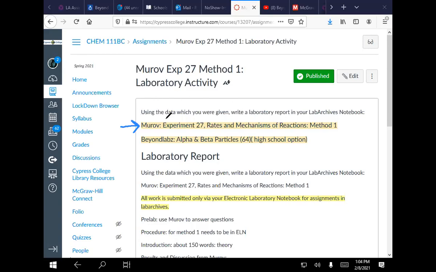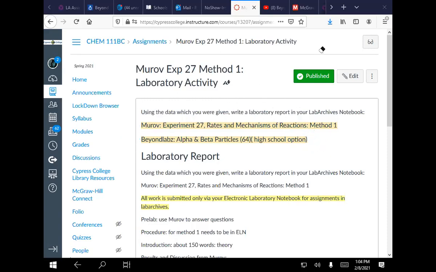So this is your lab manual, the Murov. And then this is the one where you're doing a little hands-on experiment. The hands-on experiments are every week kind of related. This one's related to lecture. Now notice this one's also a high school option. Mostly we're doing college, but this one happens to be a high school option.